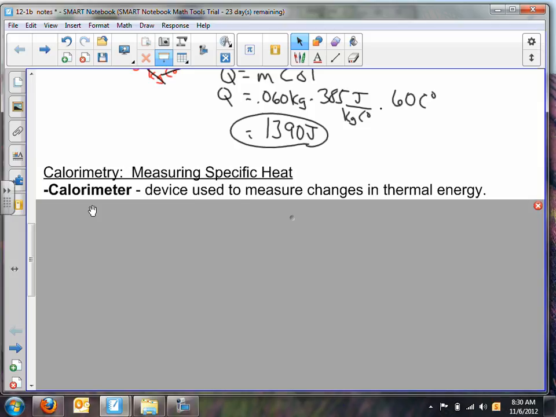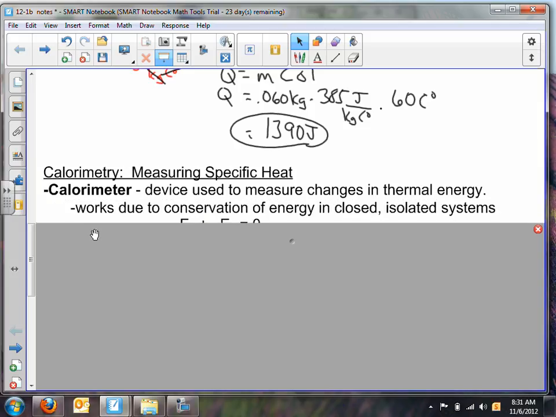A cheap version of a calorimeter would simply be a styrofoam cup, but more expensive ones have a cup inside of another cup, so you have the insulation of the styrofoam plus air, a way to stick a thermometer in there and such. And it really works due to the conservation of energy in closed, isolated systems. So we're assuming heat is being trapped within that calorimeter.